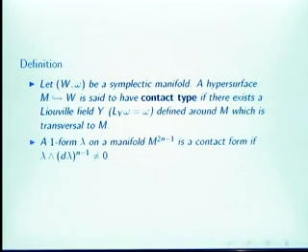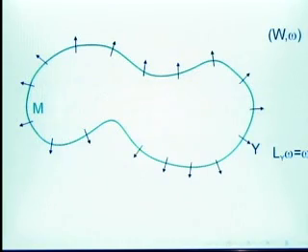And a one-form on an odd-dimensional manifold is a contact form if this wedge is non-zero. These definitions are related in the following way.